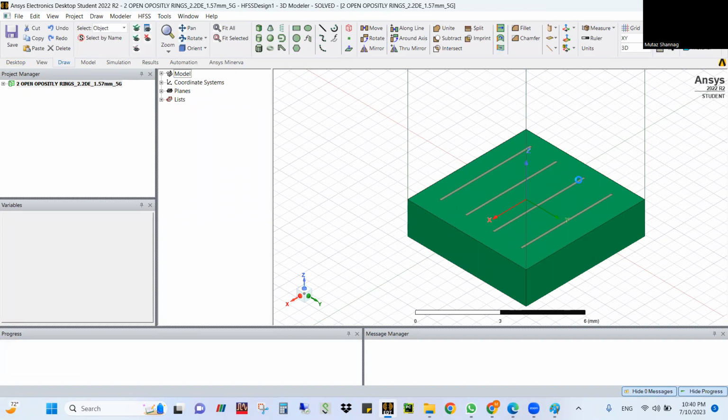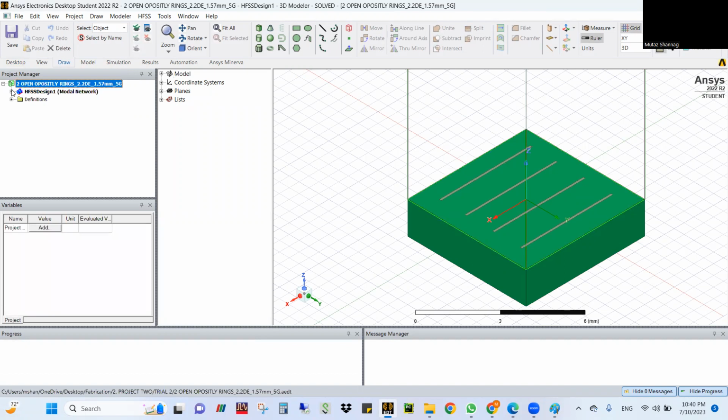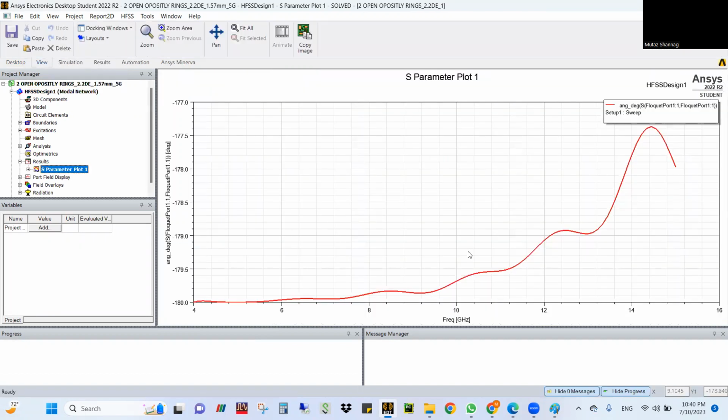I'm just trying. For this one, I got something like this. It looks like completely nothing.